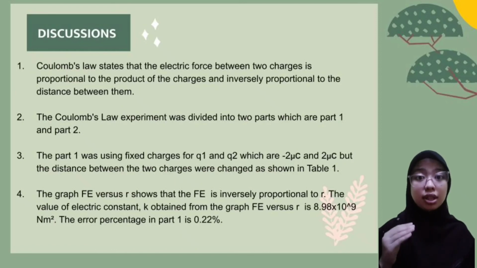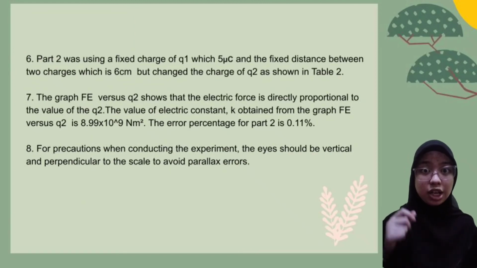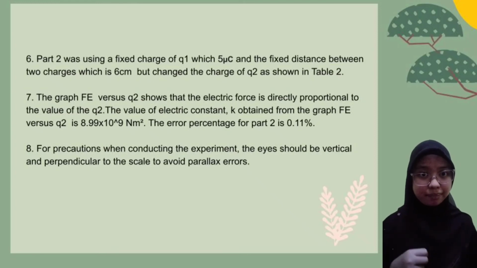The error percentage is 0.22%. Fifth, part 2 was using a fixed charge of Q1, which is 5 microcoulomb, and a fixed distance between two charges, which is 6 cm, but changing the charge of Q2 as shown in table 2.